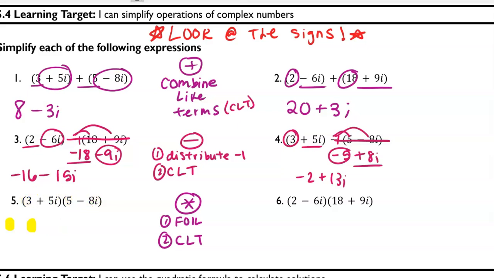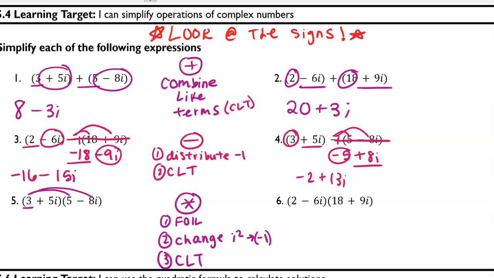I actually want to make a correction to my steps here. Step 2 really should be change i squared to -1. And then combine like terms. So starting with our multiplication, again, first term gets distributed here and here.